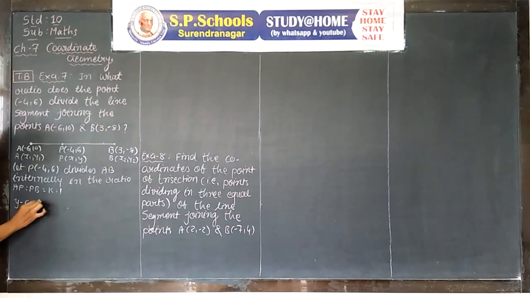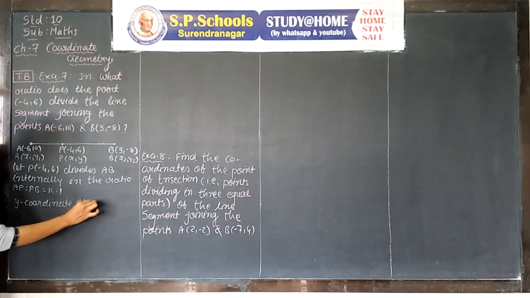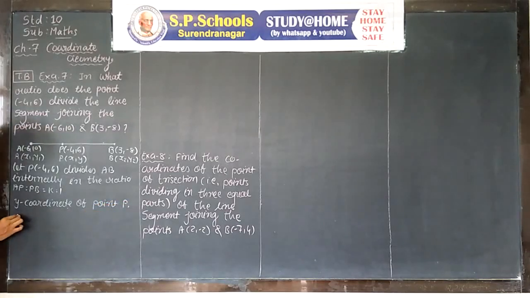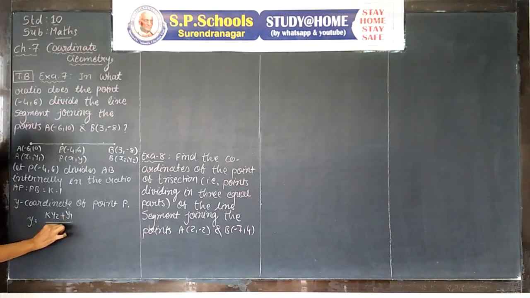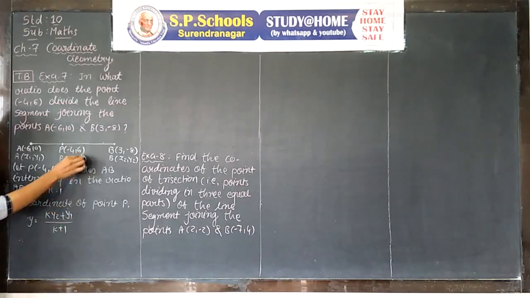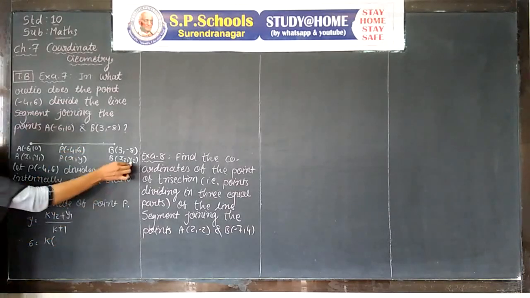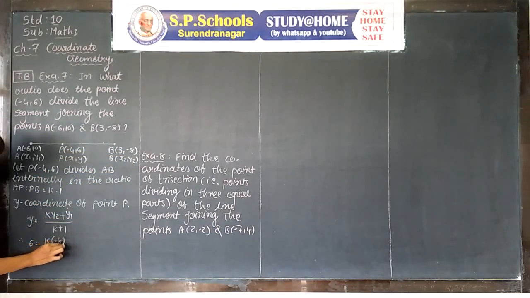Y coordinate of point P: y equals (k y2 plus y1) upon (k plus 1), in which y equals 6, k as it is, y2 equals -8 plus y1 equals 10 upon k plus 1.